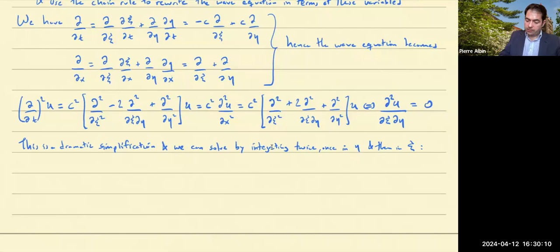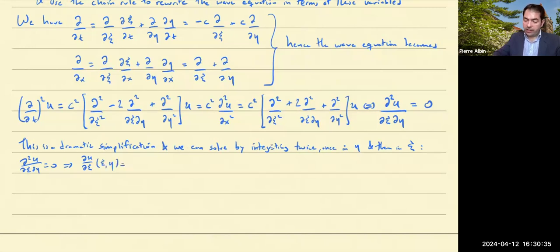If we start with the second derivative of u, mixed partials, equal to 0, and I integrate once with respect to eta, then on the left-hand side, I'm going to, by the fundamental theorem of calculus, just get rid of the derivative with respect to eta. So I end up with the first derivative, right? And this is a function of xi and eta.